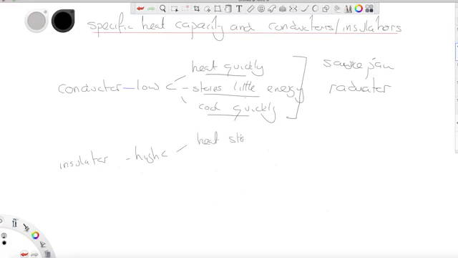If you supply the same power to each of a conductor and an insulator of the same mass, the insulator will heat more slowly because it takes more energy to raise the temperature by 1 degree C. Therefore, at the same temperature, the insulator stores more energy than your conductor. And because it is an insulator, it cools more slowly.